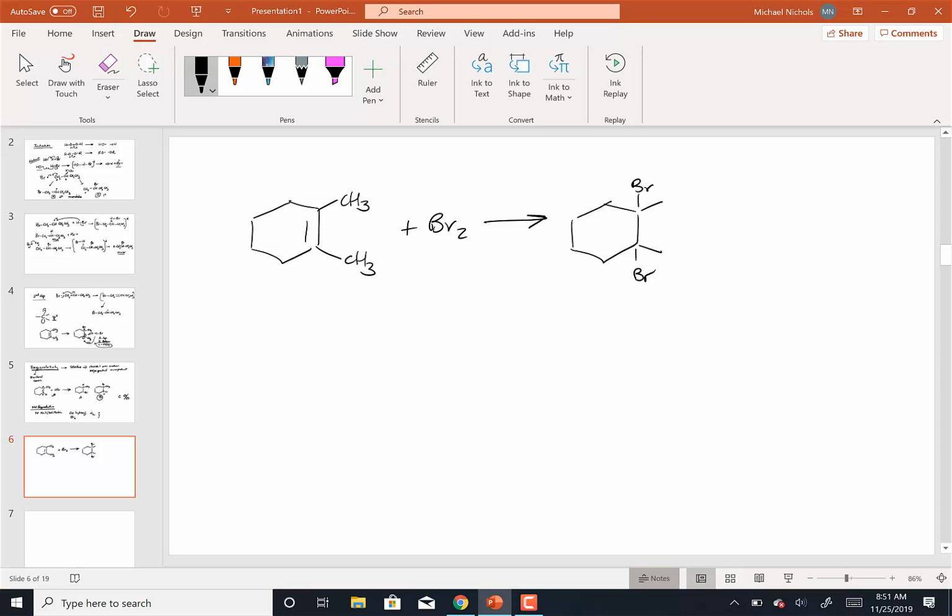One structural isomeric product. Therefore, if you have a symmetrical reagent, you are not regioselective.